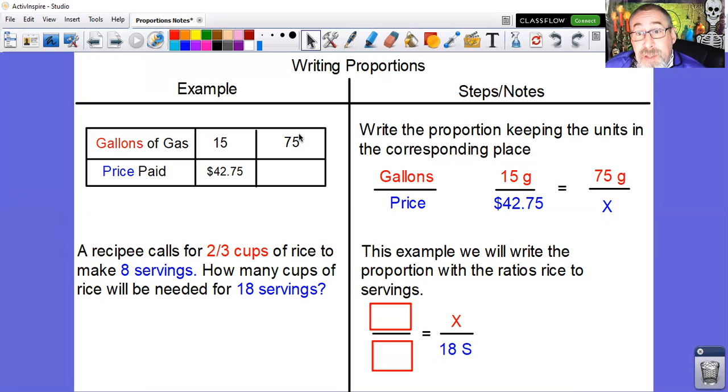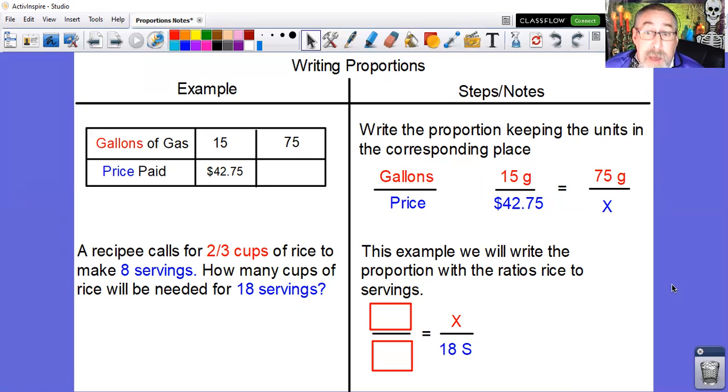We need to make sure that the other part of our ratio on the other side of the equal sign to make this proportion is the same. So here we have it written 15 gallons and paid $42.75 is equal to 75 gallons over an unknown value.